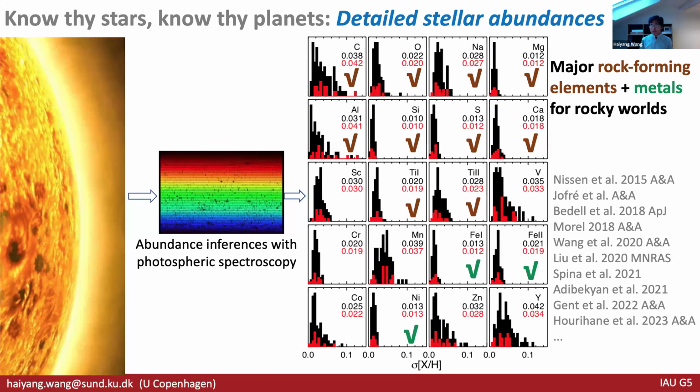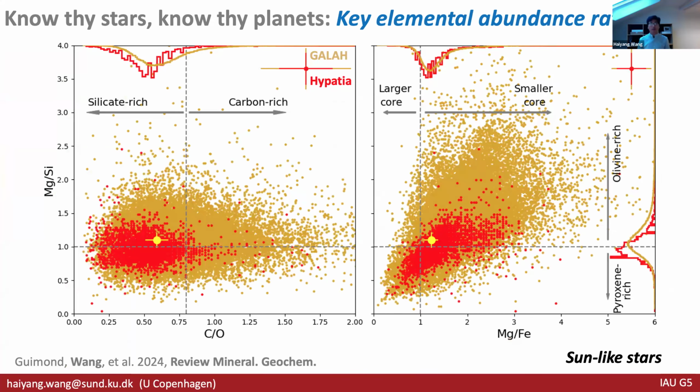So with this elemental composition that we learn from stars, to the first order, we can already qualitatively understand the implications for planetary properties. We use this set of key elemental ratios, such as magnesium to silicon, carbon to oxygen, and magnesium to iron, given their different implications for geochemical properties, such as the carbon to oxygen ratio.